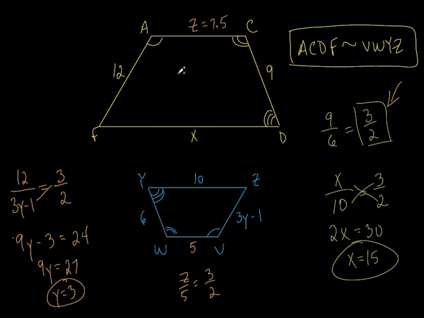Watch this. What do we say x was? 15, right? And what's this side right here then? 3y minus 9, that's 8. So do we have all the sides now? Okay, let's find the perimeter of the figure. Somebody do that for me. 12, 15, 9, 7.5. I should be able to do it in my head, but I'll let you do it. Quick, who's doing it?